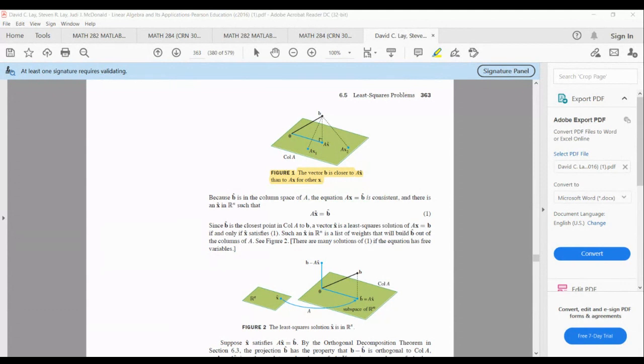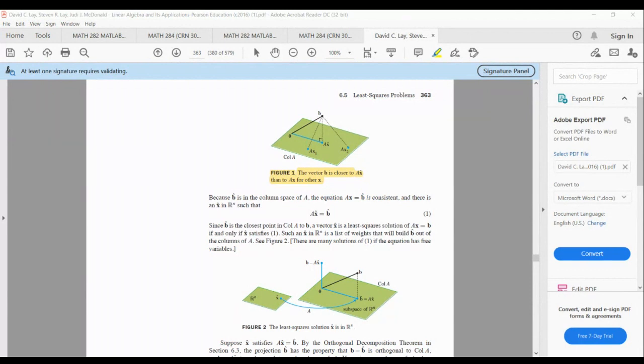They've drawn in the column space of A three different linear combinations of the column vectors of A: A times a vector x1, A times a vector x2, and A times x hat. Okay, so remember, each of those is a vector in the column space of A.